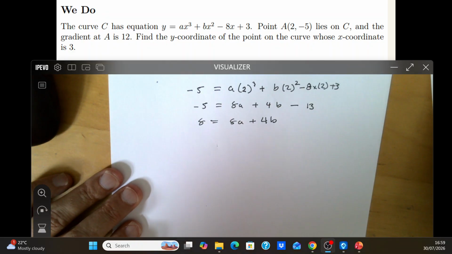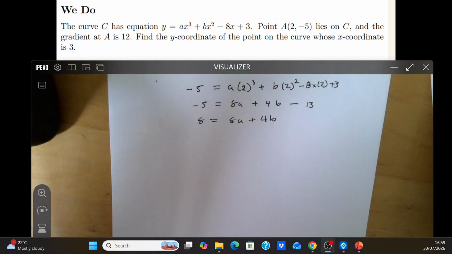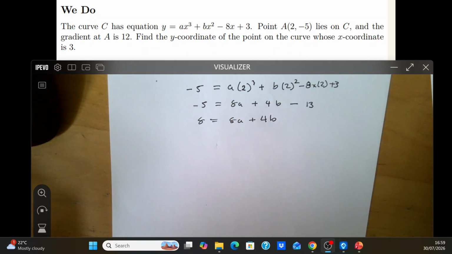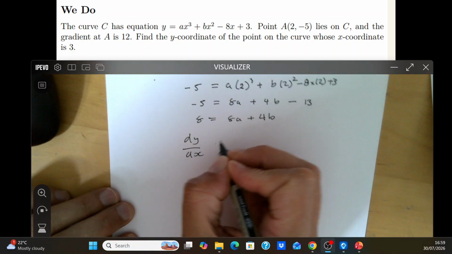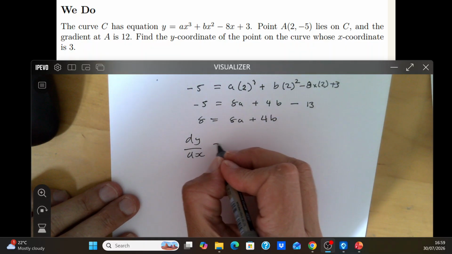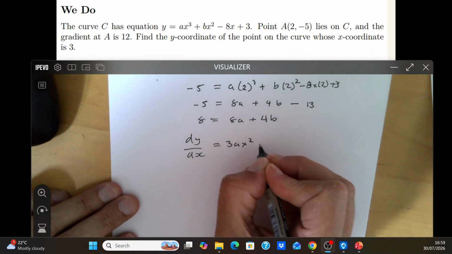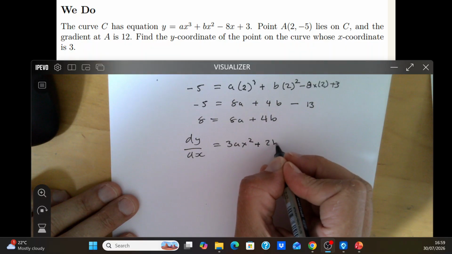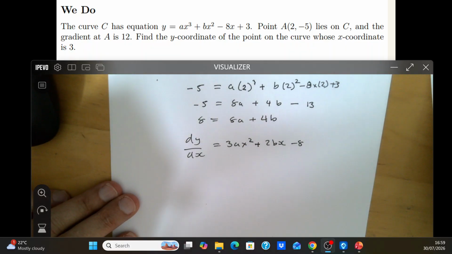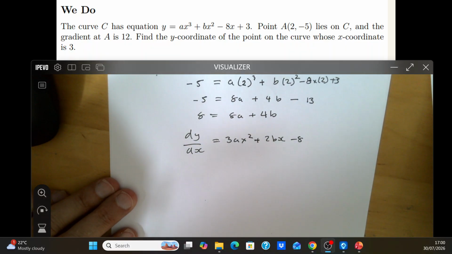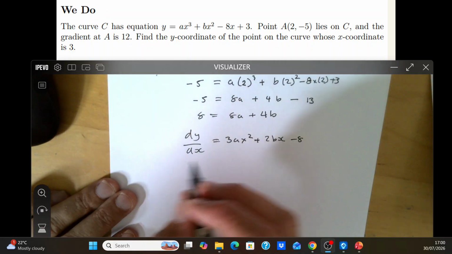Now I need to differentiate the equation. So dy by dx gives me, well, you should have this in front of you. That gradient is what in the question? So what are you going to do with that gradient and the x coordinate? Perfect.